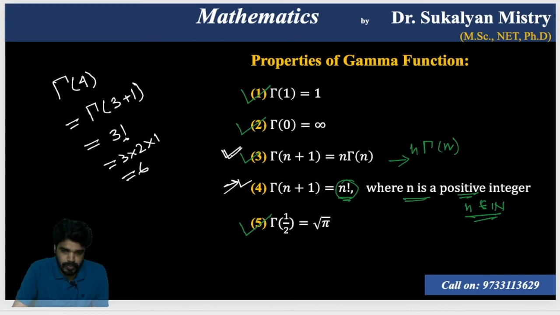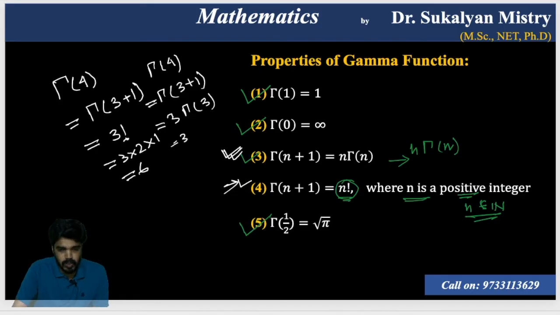You can use this other formula also. Gamma(4) can be written as gamma(3 plus 1), that is 3 gamma(3). Gamma(3) is also written as gamma(2 plus 1), using gamma(n plus 1) equals n gamma(n).